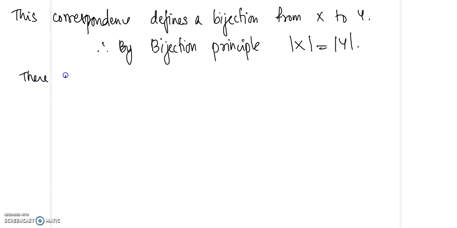There are n plus 2 nodes U on BC. So on BC, in the nth subdivision, there will be n plus 2 nodes.